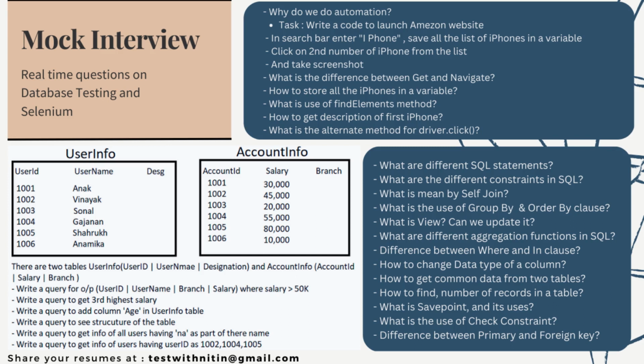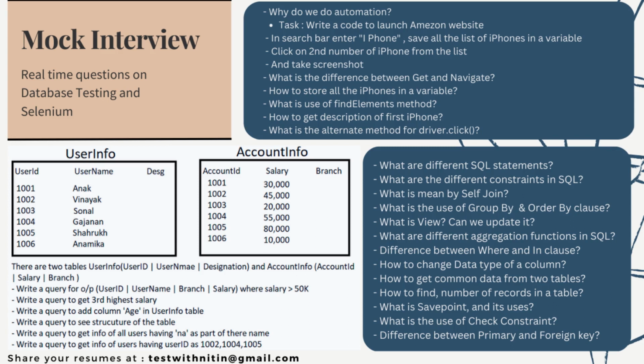We use the locator of that search list, and then we use a for loop to read all the data that appears in the search list. Then we store this in a variable.